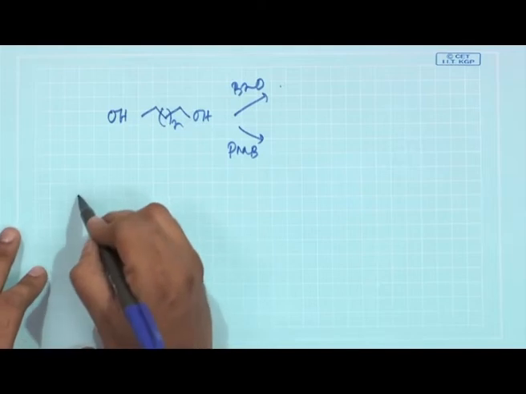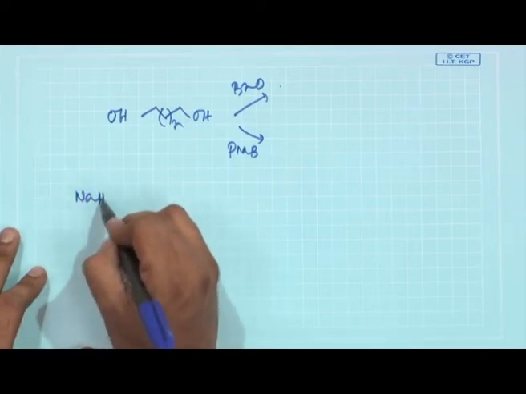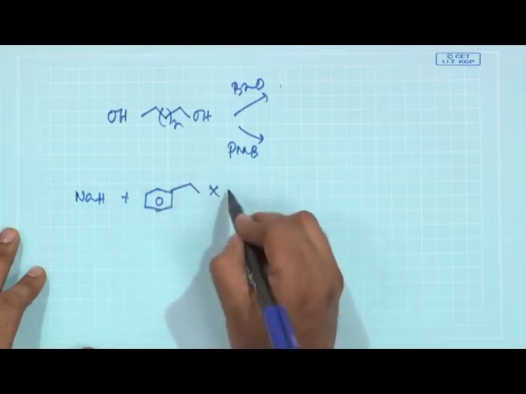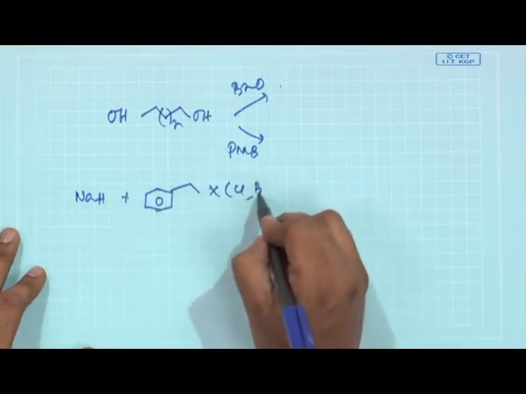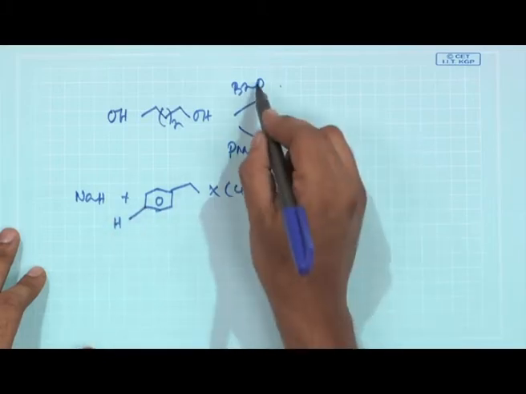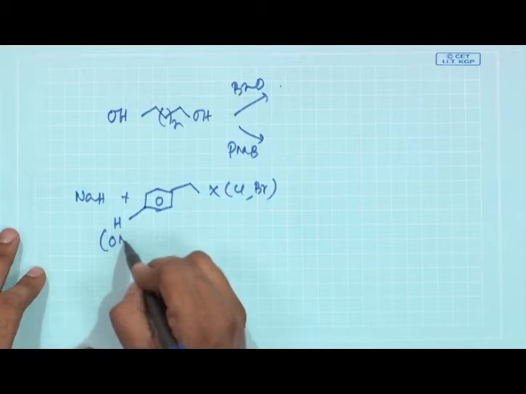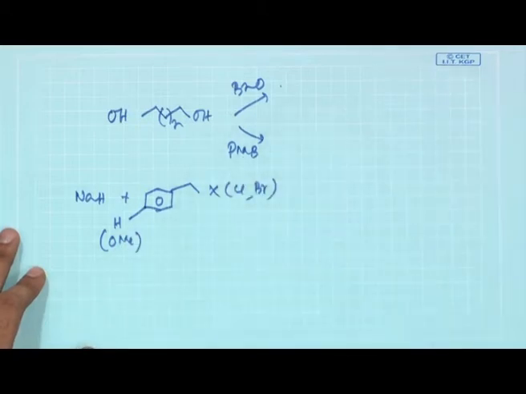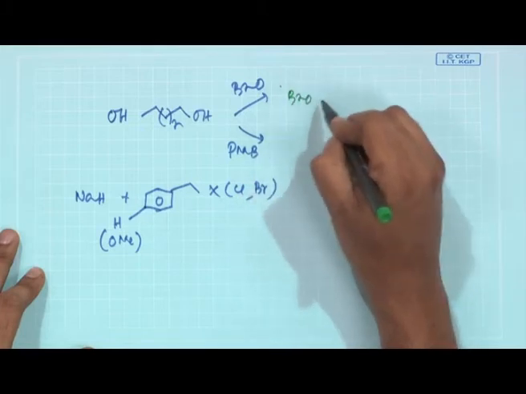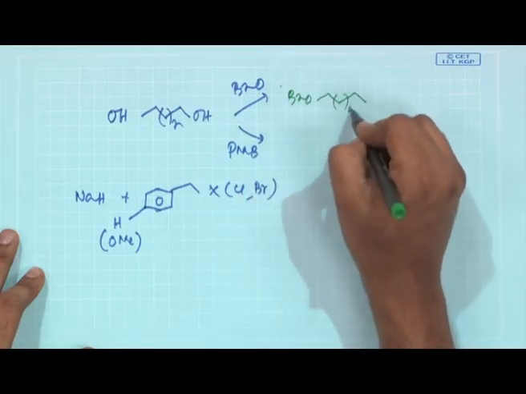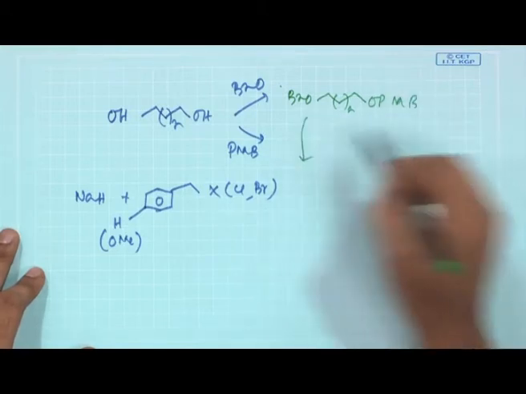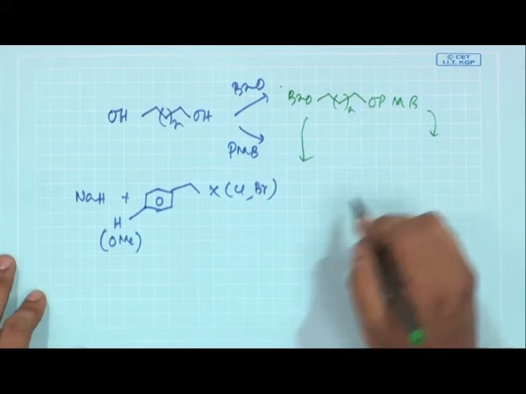Normally, this protection is done by treating the corresponding alcohol with benzyl chloride or benzyl bromide. If you have a hydrogen here, that gives you the OBn derivative, if you have a methoxy, that gives you the PMB derivative. So, in reality you will get BnO and OPMB. Now, I need two conditions to see whether these groups are orthogonal to each other.